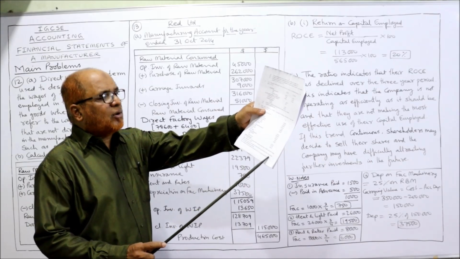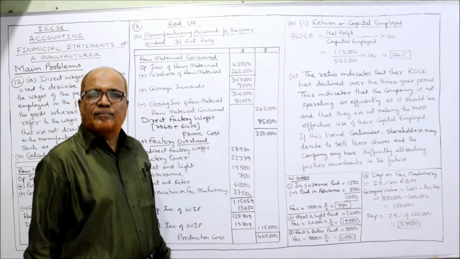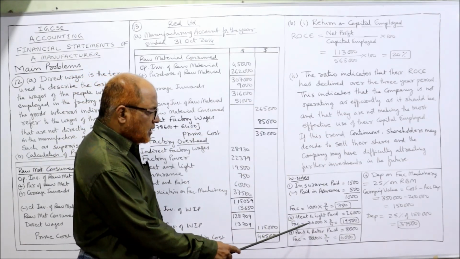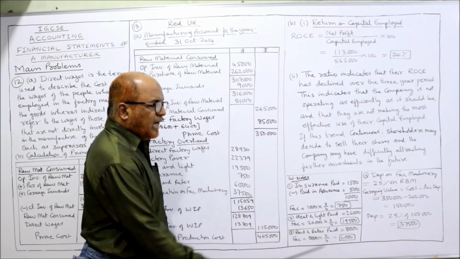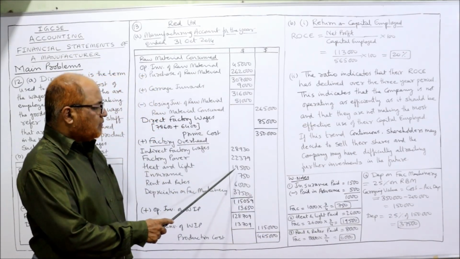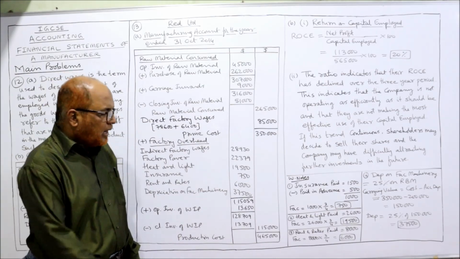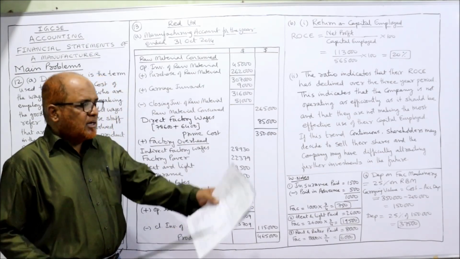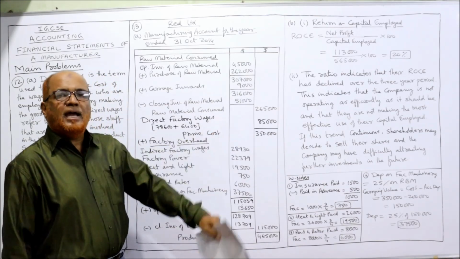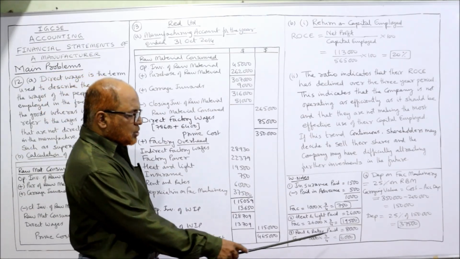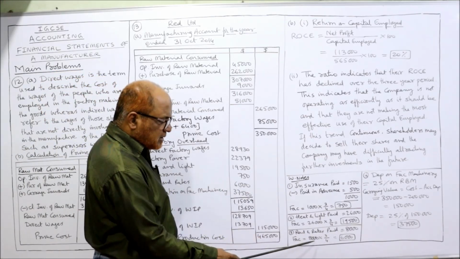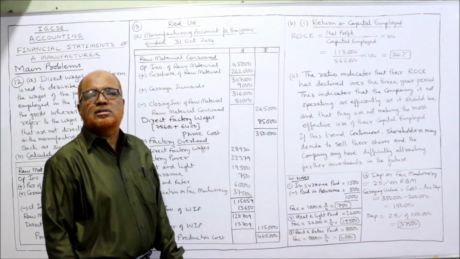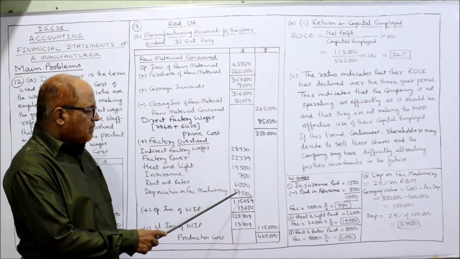So here I have shown 26,000 into 3/4, 19,500. Last one is the rent and rates. The rent and rates paid is 8,000. 3/4, 6,000 should be applied to factory.